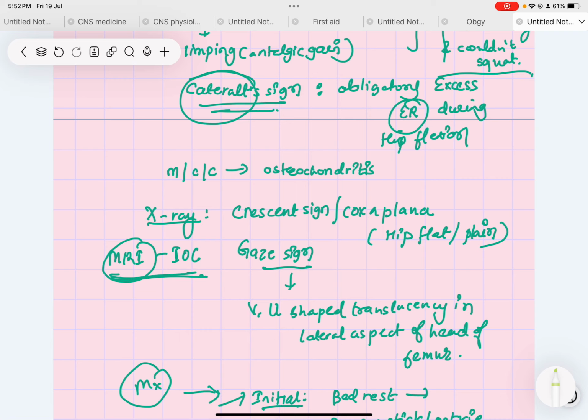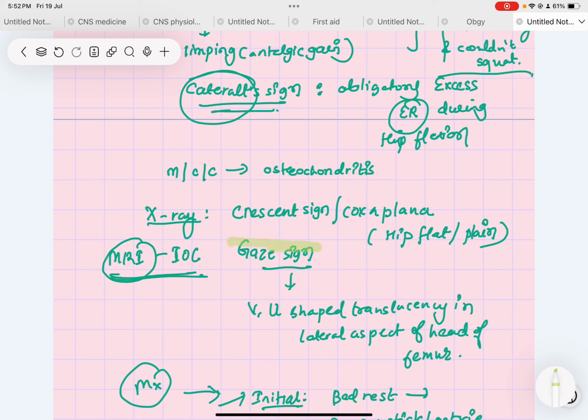So MRI is the investigation of choice, but in X-ray, as we can see in the AVN, there will be a crescent sign, and also there will be coxa plana, means hip will appear flat.